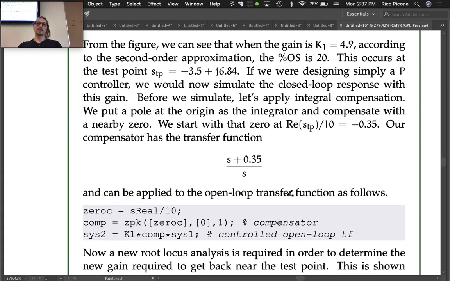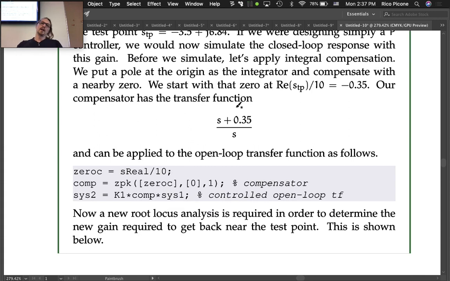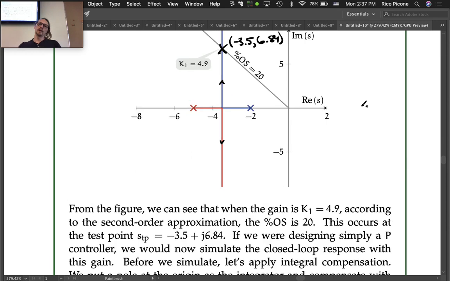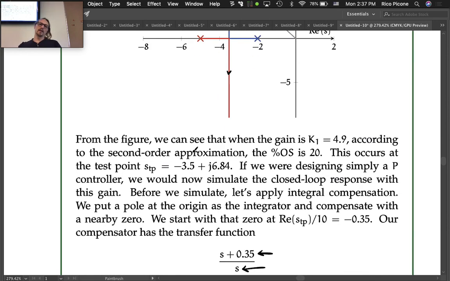So what we're going to do now is put in an integral compensator. So let's apply the integral compensator, and we'll put the 0. We're always going to put the pole at the origin for an integral compensator. And we're going to put the 0. We said a good place to start would be 1/10 of the real part of the dominant pole pair, right? So the dominant pole pair has real part negative 3.5.